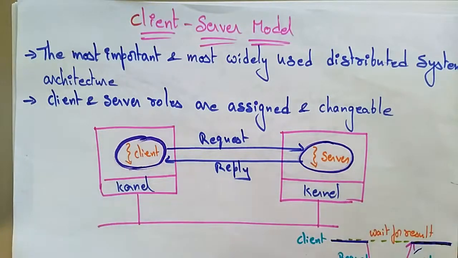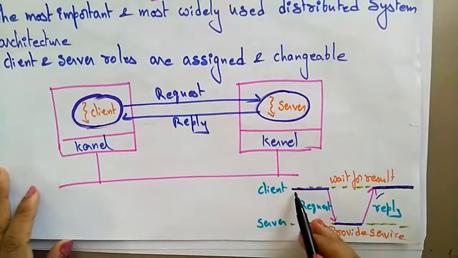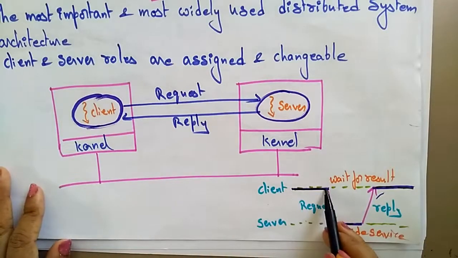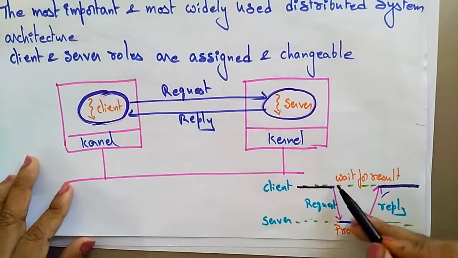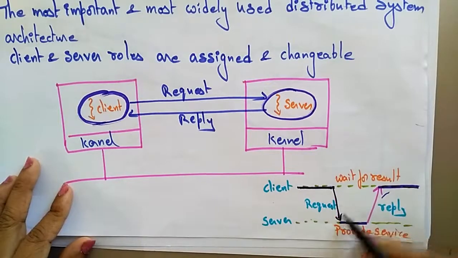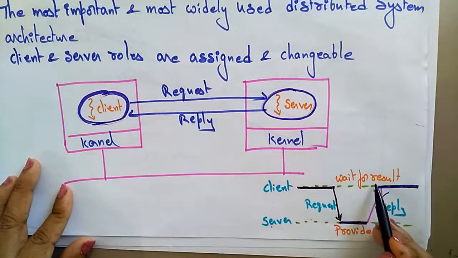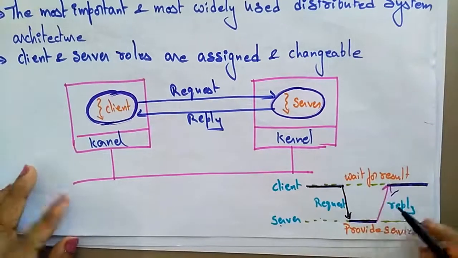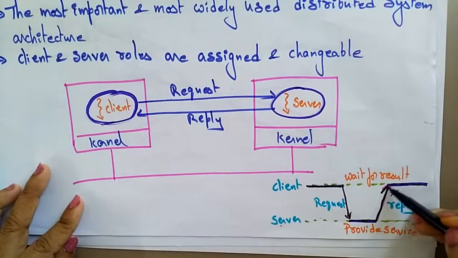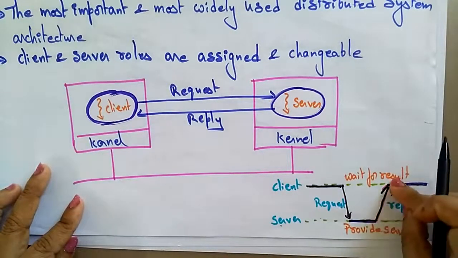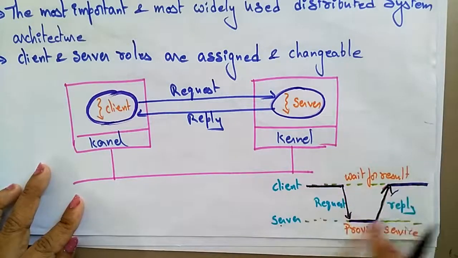This is the general technology. Whenever the client is requesting, the server has to provide the service. While the server is providing the service, the client has to wait for the result until the server replies.